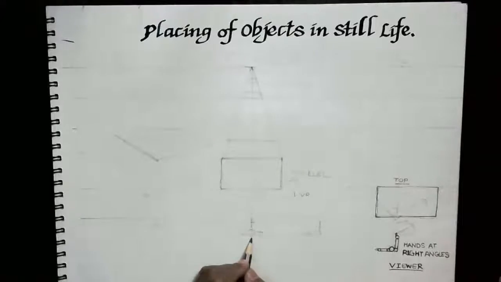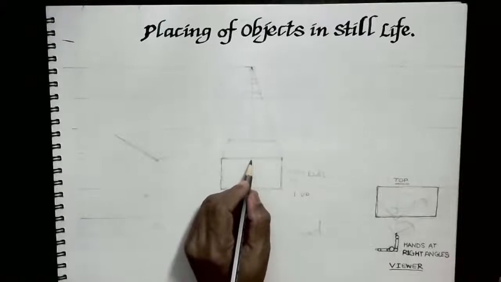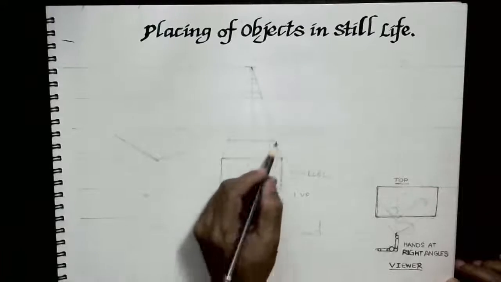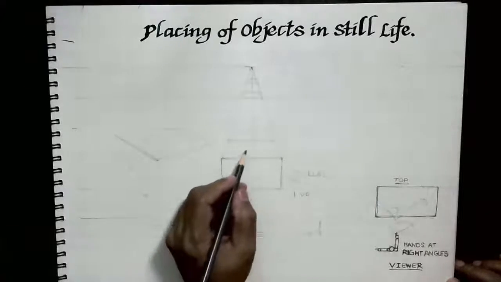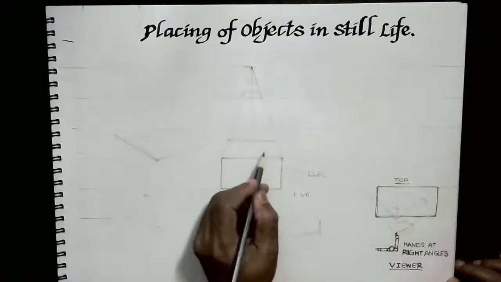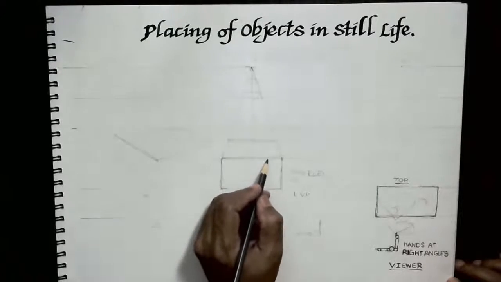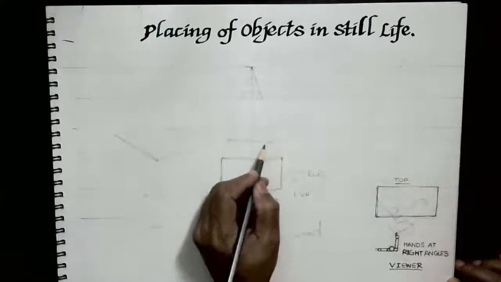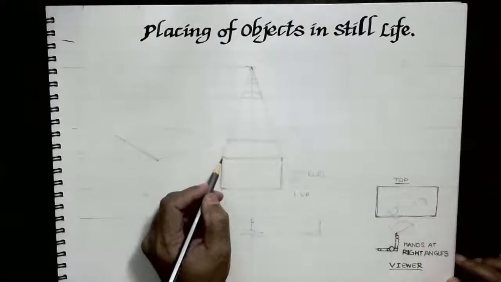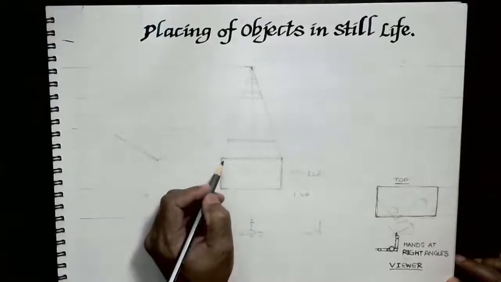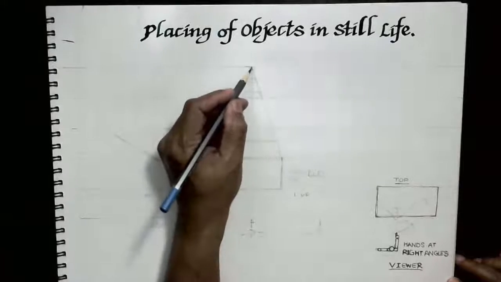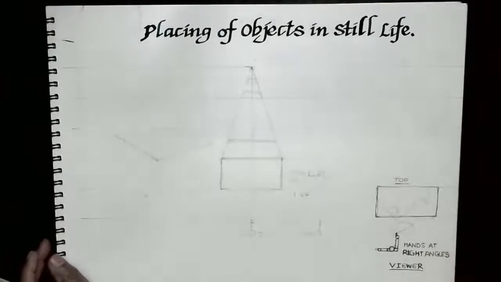right at the center. Observing this, you'll find that although when we see this object in top view, the width here and here is the same, in perspective the lines converge.